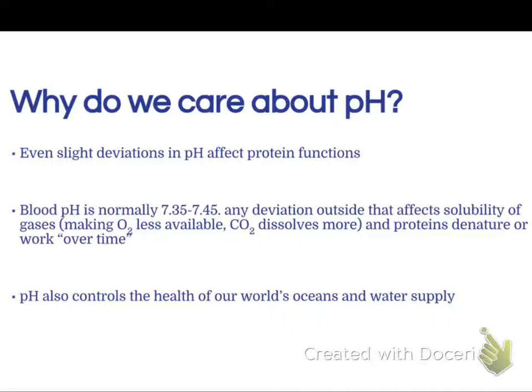Individual people vary a little bit, but generally it's within that narrow range. If you have a patient whose blood is significantly more acidic or more basic than that, they're sick. Something is wrong with them, and we've got to figure out what is wrong with them pretty quickly. One example of this is something called ketoacidosis.